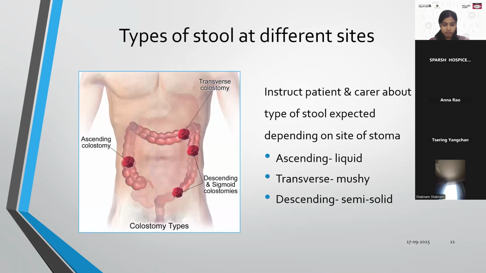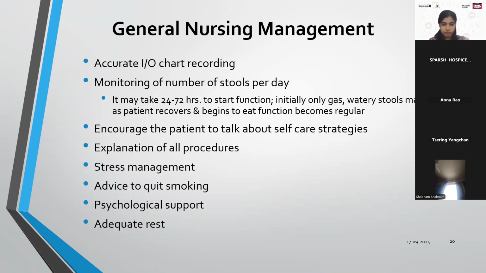So an accurate intake and output chart should be maintained. Monitor the number of stools per day. How many are there? It may take around 24 to 72 hours for the stoma to start functioning.